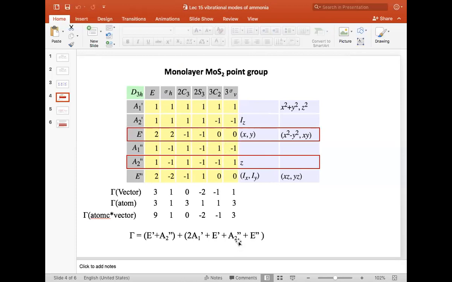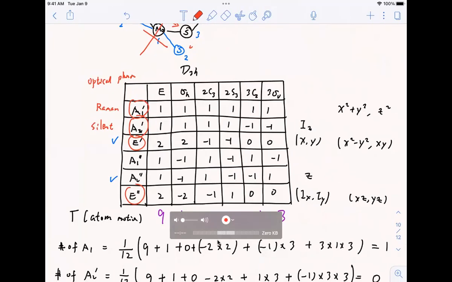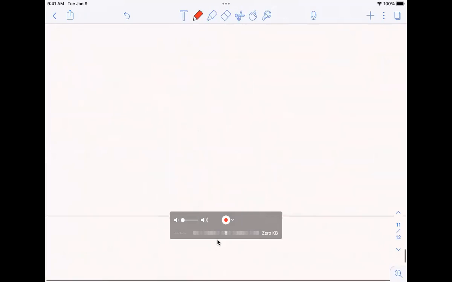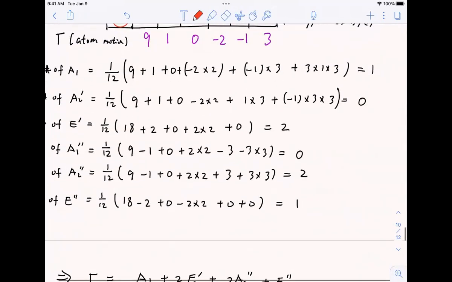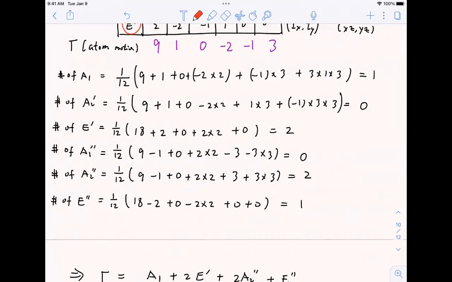A2 double prime. Hey, wait. Let me see. Did I make a mistake? I mean, there are silent modes in crystals, but I'm not sure whether I made a mistake or not.